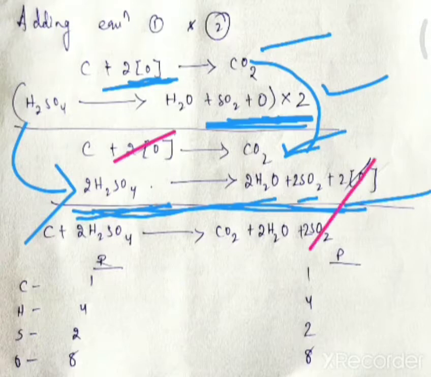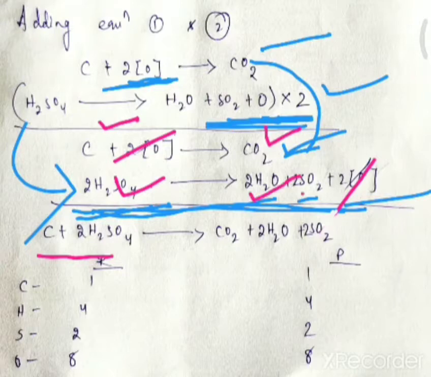So these two are cancelled. Then what is left is C plus 2H2SO4 gives CO2 plus 2H2O plus 2SO2. This much is left.